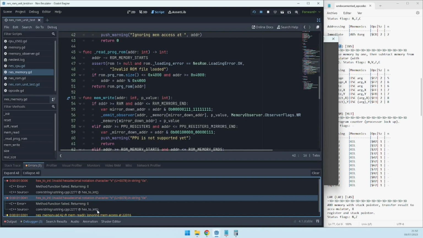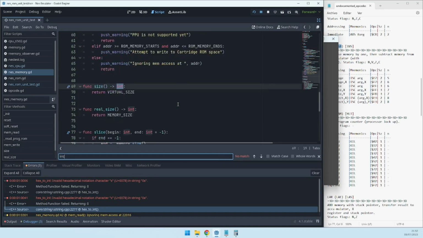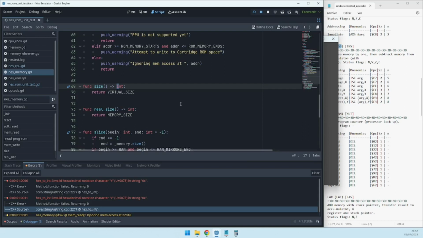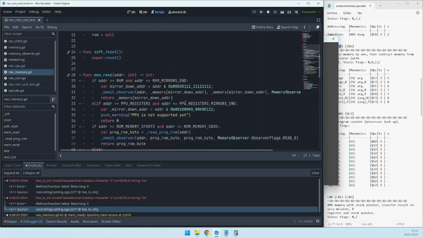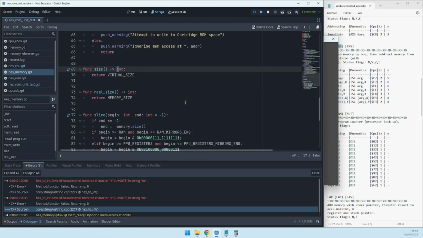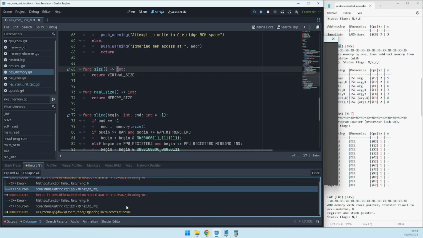So, function hex to int. Oh, that's interesting. Do I have an int like this? Use string hex to int, returning 0.